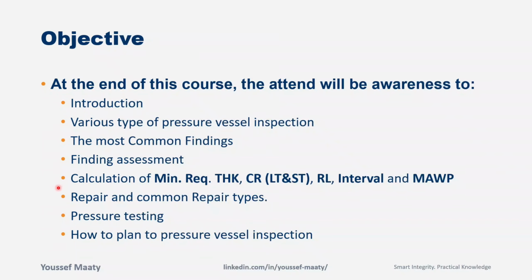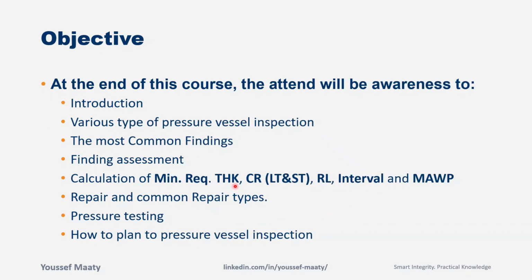One of the key assessment activities is calculating the minimum required thickness. This can be calculated according to the construction code obtained from the manufacturer's data report. If the original design calculations are available, we can use them directly. Otherwise, we can calculate the minimum required thickness using the applicable equations.